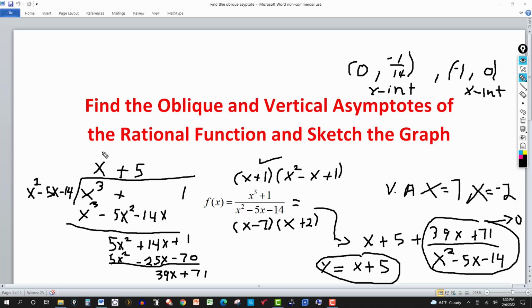Now, an overview of finding the oblique asymptote. To find the oblique asymptote, if it has one, and it's going to have one if the degree of the numerator is 1 more than the degree of the denominator, use long division. Once you get to the remainder, that is when you can't divide anymore, and that means that the degree of the remainder is less than the degree of the divisor.